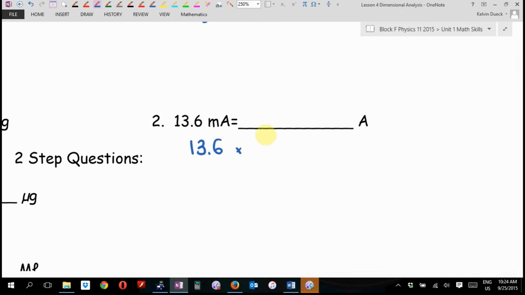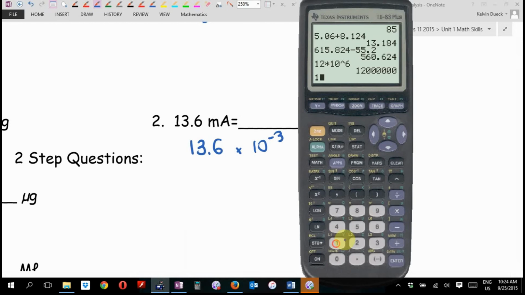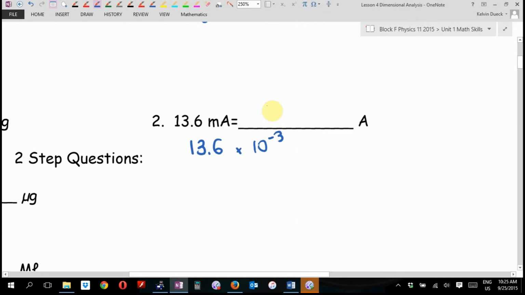I'll give you a hint. 10 to the -3. And I'm going to go to my calculator and literally type in 13.6, hit my times, hit my 10, hit my to the power of -3. Could I write that in scientific notation? Sure. Would it be more work to write that in scientific notation? Yeah. I'm going to leave it as 0.0136. Apparently 13.6 milliamps is actually 0.0136 amps.